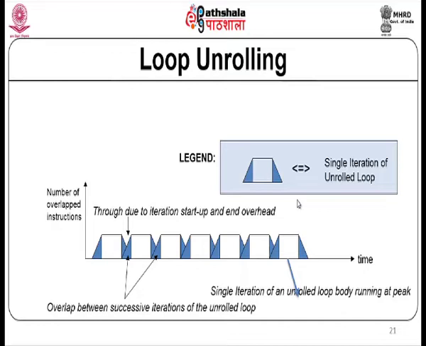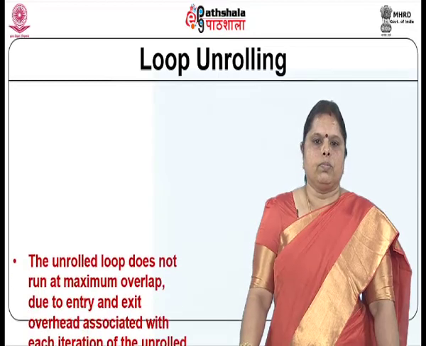That is the overhead associated with the loop unrolling way of exploiting instruction level parallelism. The troughs are due to the overlap that is happening between different iterations of the unrolled loop.